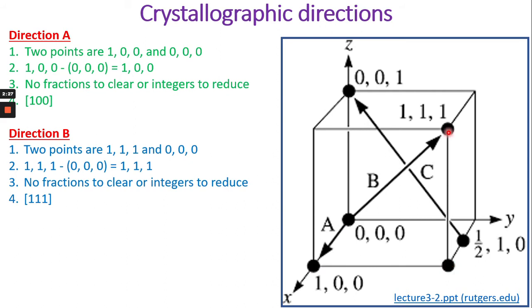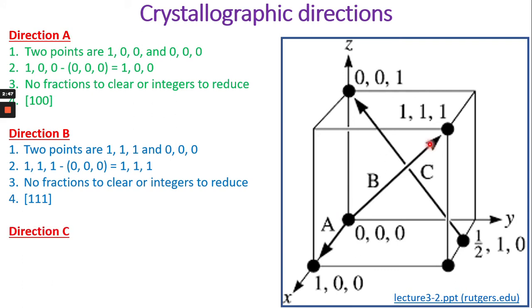Now your arrow should start from the origin and go into the last point. Again 1, 1, 1. Start from the origin into the end point. That's how the arrow should look.